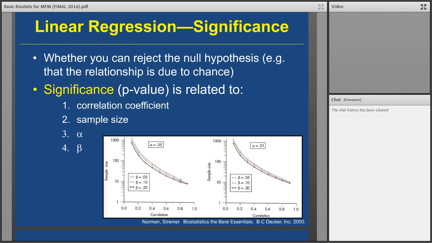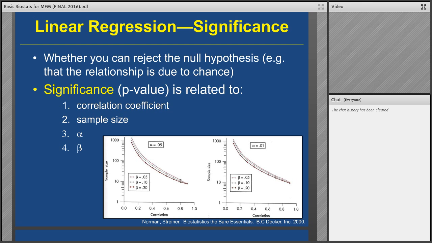So we can get significance from linear regression to see about testing the null hypothesis. We just were looking at the strength of the correlation or causation. We weren't saying anything about the significance of it. The significance really depends on the things we're plugging in to find significance. So it depends on the correlation coefficient, but even more than that, it depends on the sample size and the alpha and the beta that we choose.